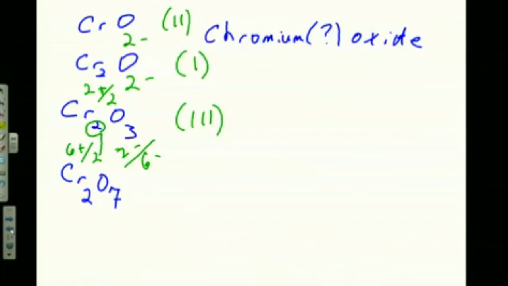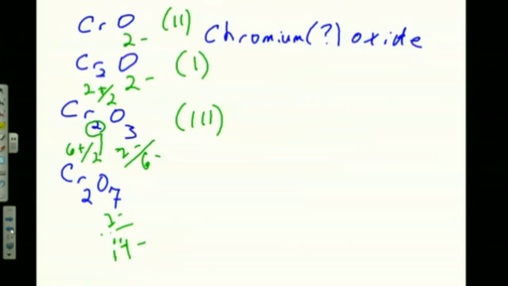Okay? Alright, you and I are going to walk through this one. Okay, nobody else answer. What's the charge on oxygen? 2 negative. 2 times 7? So 14 negative charges. So how many positive charges do I have to have?